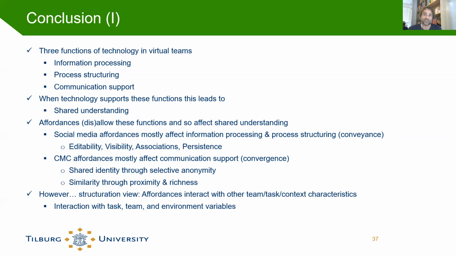And this is quite interesting, because there are like two different pathways to a successful virtual team and successful knowledge management. One through the social presence route, with video conferencing, face-to-face meetings, so getting people to know each other, common bond, and one through the anonymity route. So being relatively anonymous, but creating a shared identity.